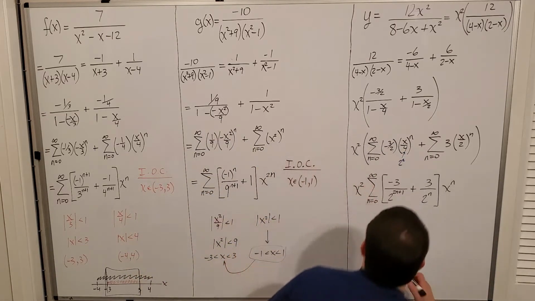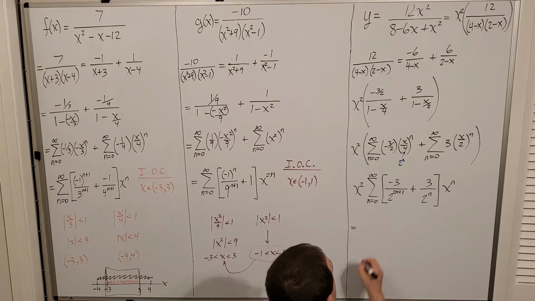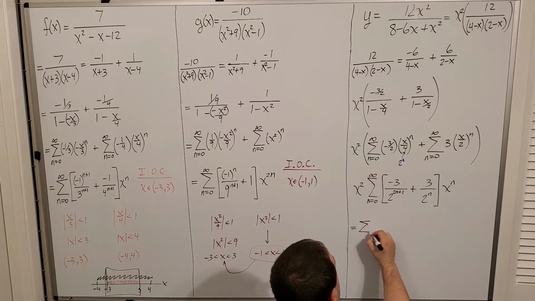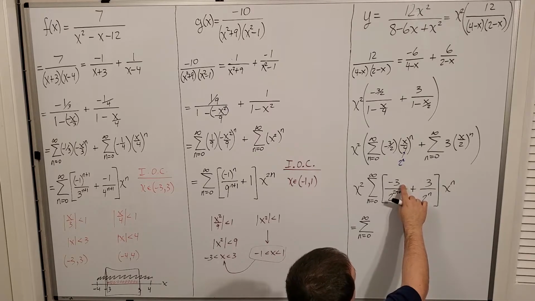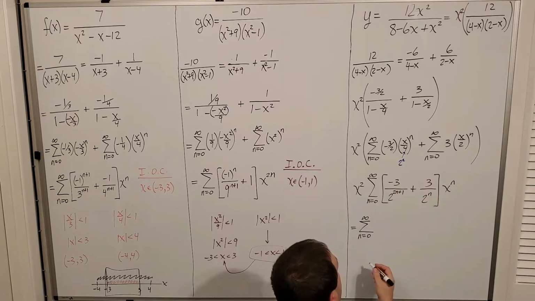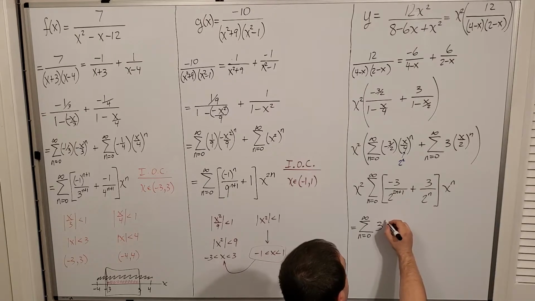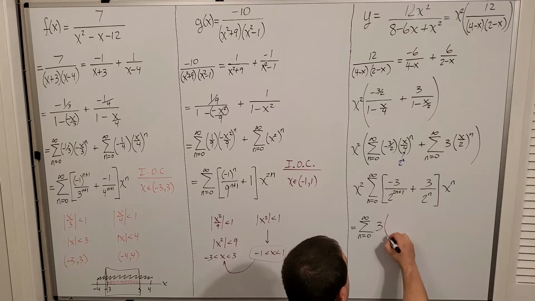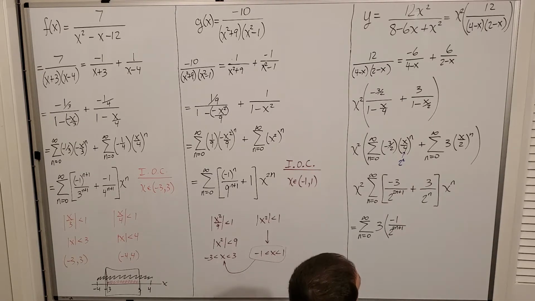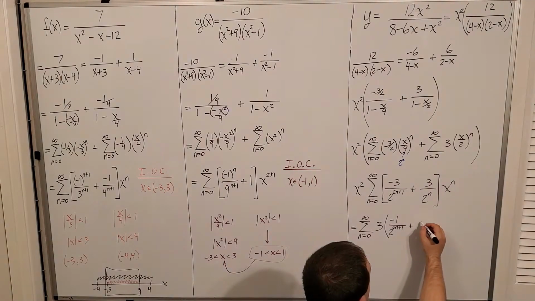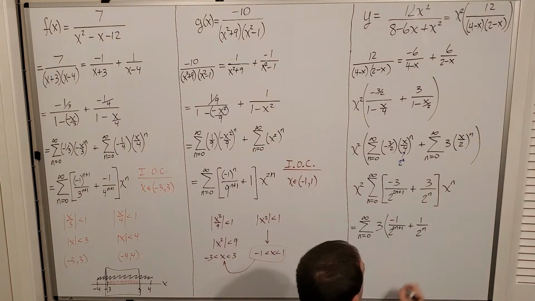All right, so now let's go ahead and finish consolidating all of this. Sum n equals 0 to infinity. Looks like I can factor a 3 out of both of those. That'll make it easier. 3 times, and then I've got negative 1 over 2 to the 2n plus 1 plus 1 over 2 to the n.